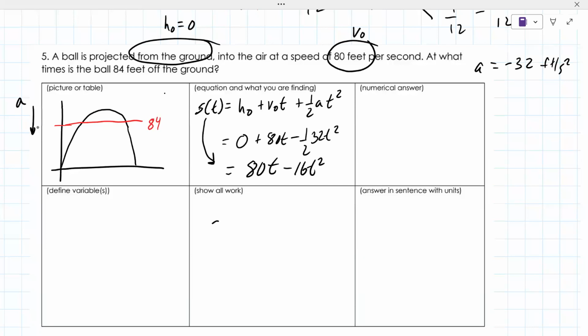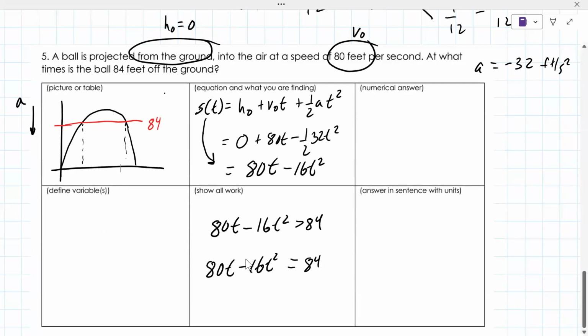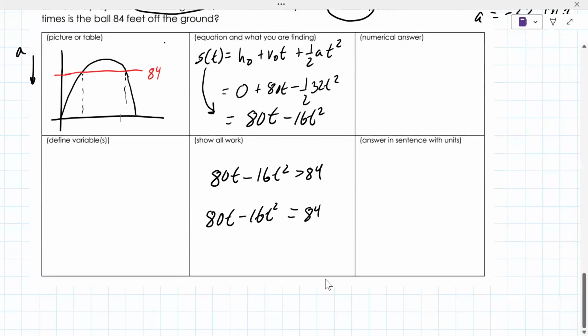Okay, so we care about when 80t minus 16t squared is greater than 84, which means we want to figure out when it equals 84, because hopefully we'll get a couple of these t values. When we did a problem like this the other day, I recommended moving these to the other side.